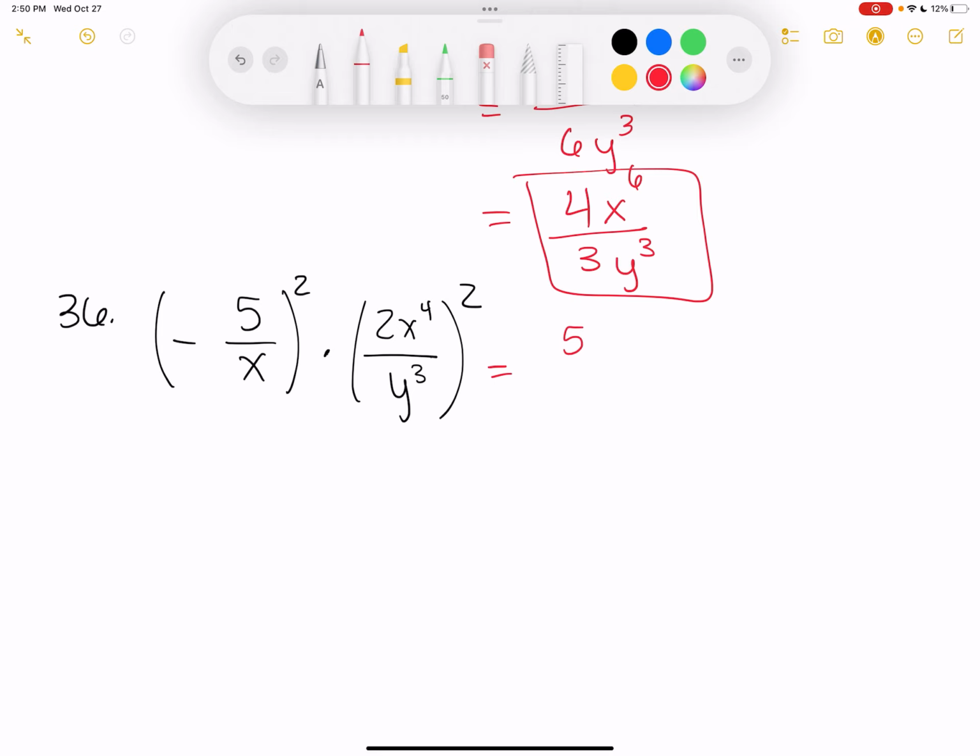So I've got 5 squared over x squared times, what happens to the second piece? You multiply the 2 to the 4, and then you add whatever that is to 2. Okay, and then what about the y? The y you multiply 3. Okay.